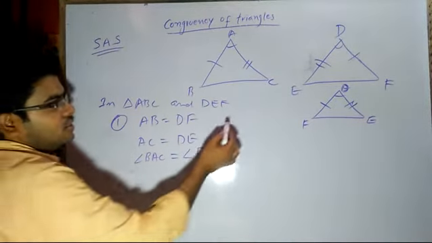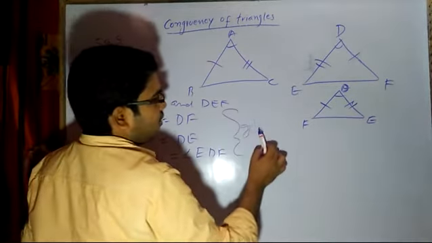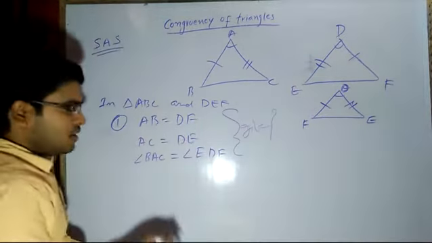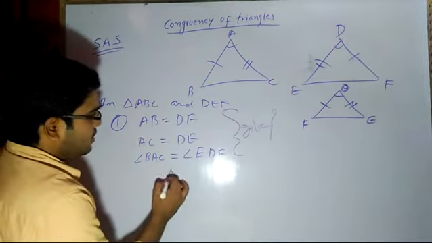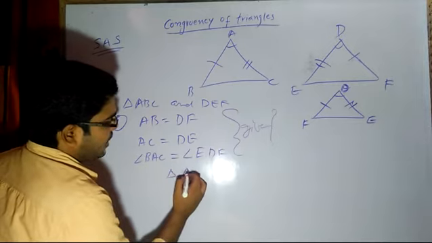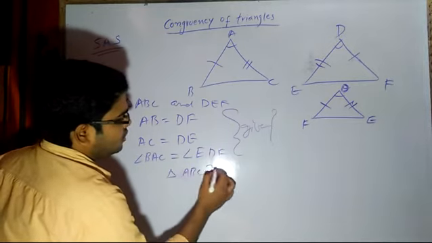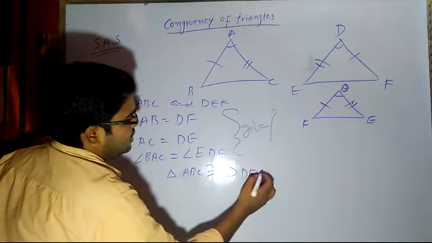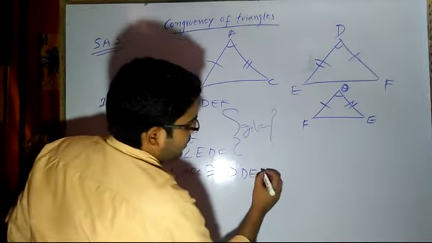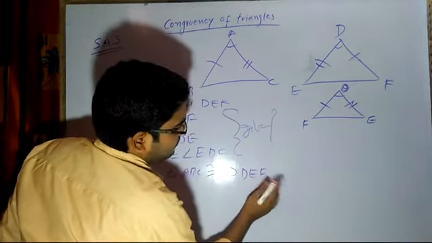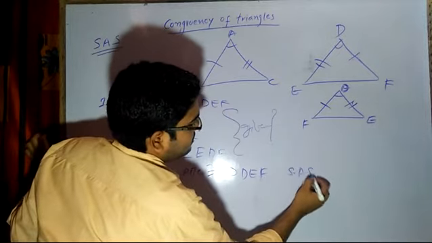They are given, and all these three conditions are given here. Therefore triangle ABC is congruent to triangle DEF. By which criteria? Side angle side.